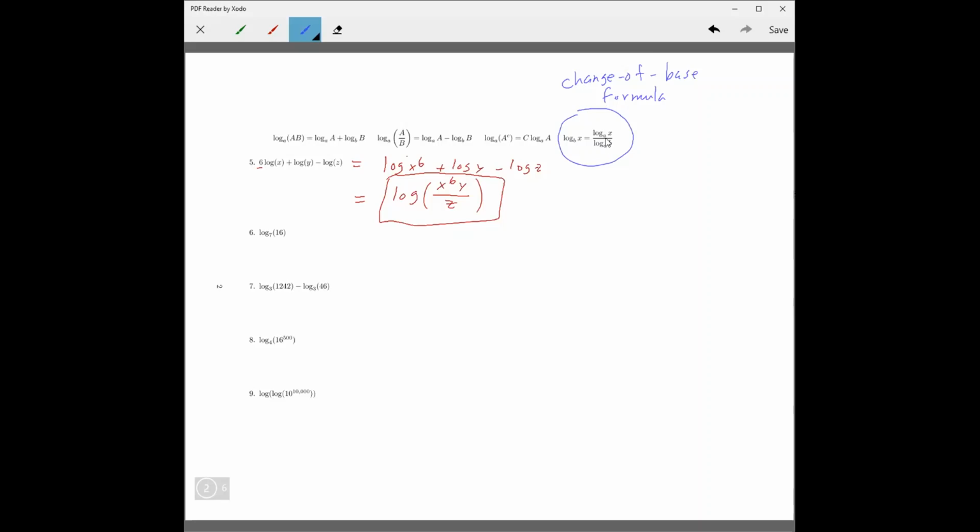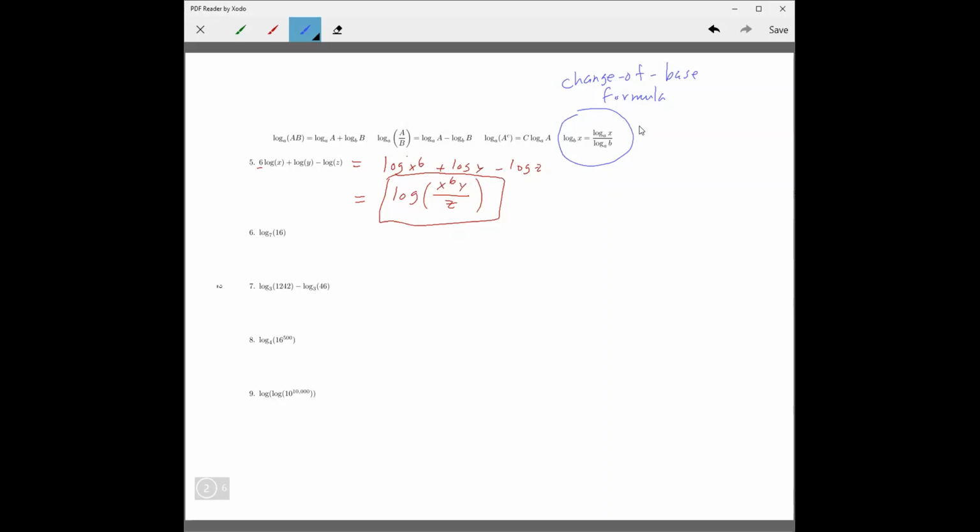You can choose any base a. Of course, it has to be a positive number and not 1. Log base b of x is the same as log base a of x divided by log base a of b. So the x goes in the numerator, and the base goes in the denominator, and you put a new base there. Okay, that's the change of base formula.